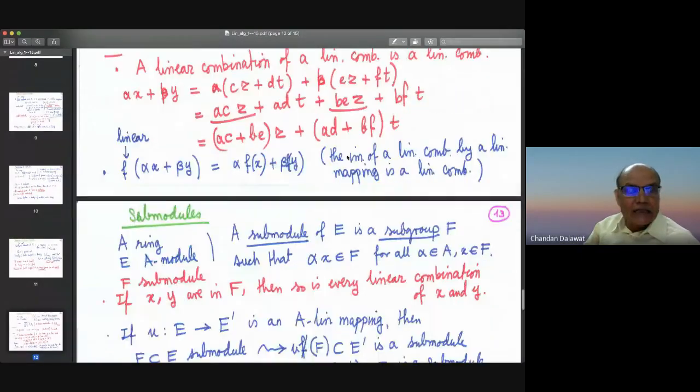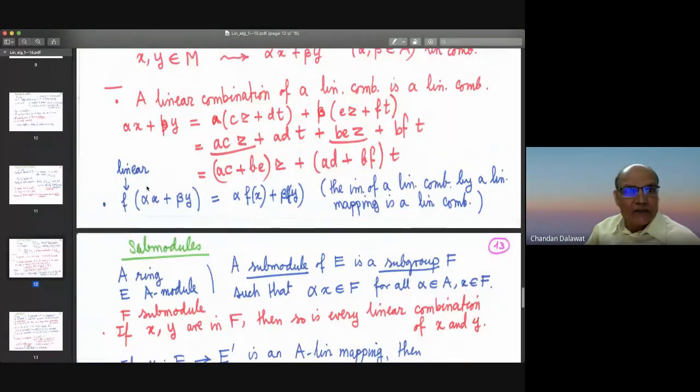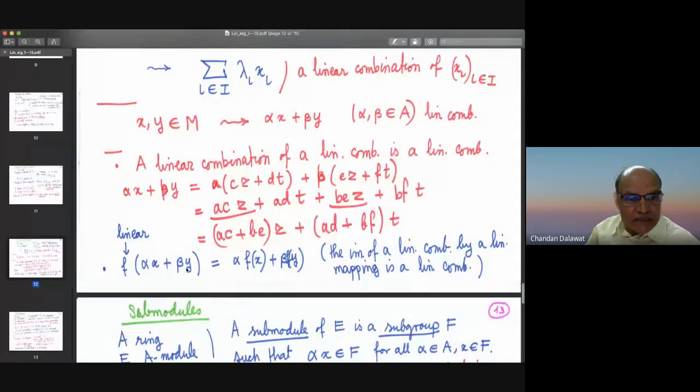Okay? And here is one important property of linear combinations. If I have a linear combination alpha x plus beta y taking place in the module M, and if I have a little f, which is an A-linear mapping from M to some other module N, then f applied to this linear combination is again a linear combination, but here of f of x and f of y.